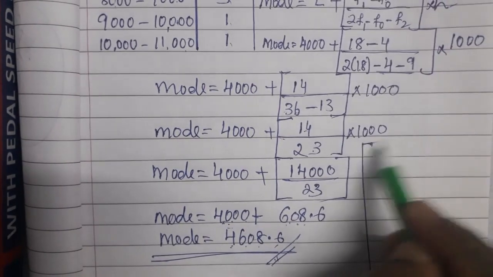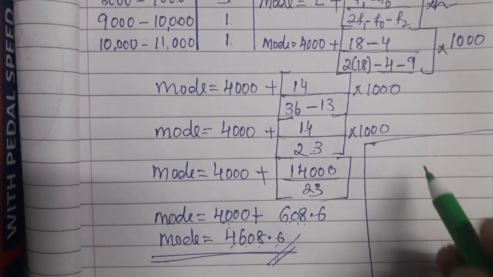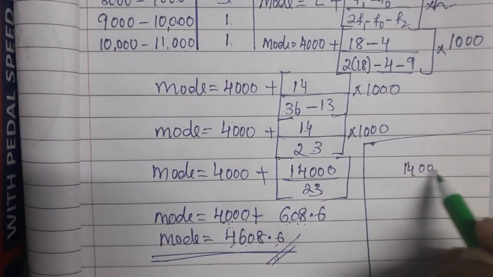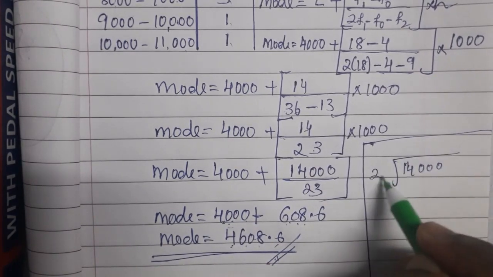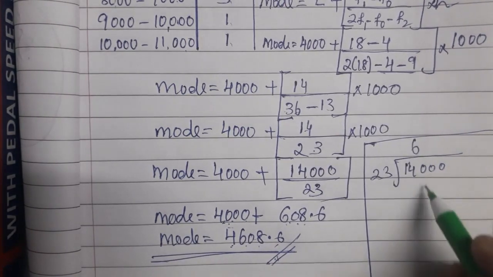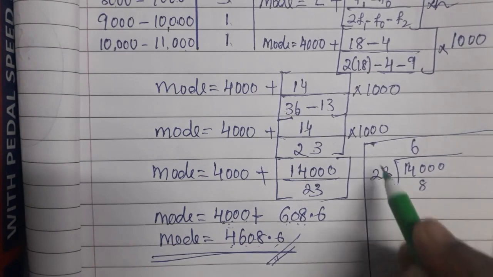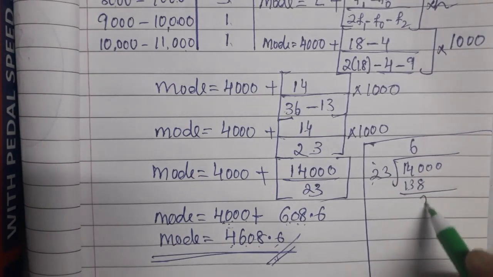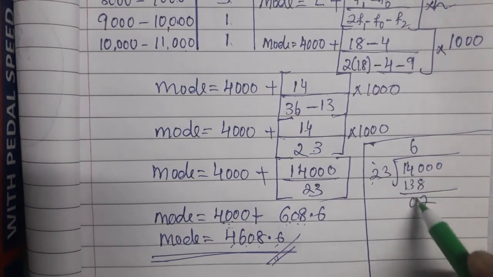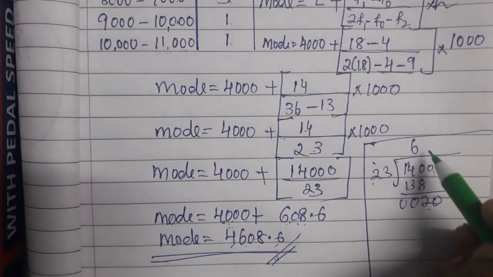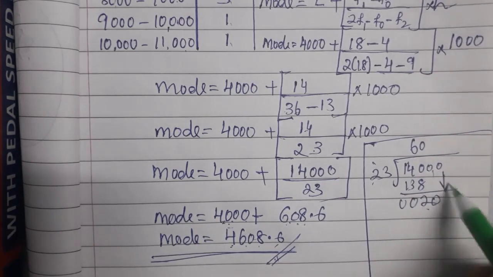Now, suppose you think, sir, you did not divide, so I am showing the division here: 14,000 divided by 23. 6 3s are 18, 1 carry, 6 2s are 12 plus 1, 13, so 138. 140 minus 138 is 2. Now bring down the 0. Because you can't divide 20, take a 0 in the quotient and bring down the next 0.